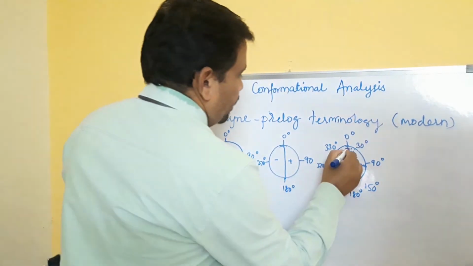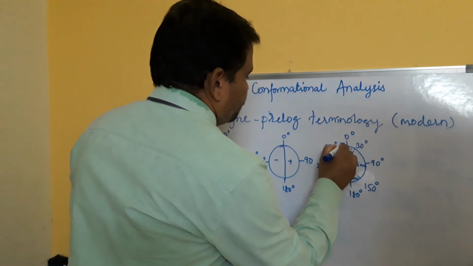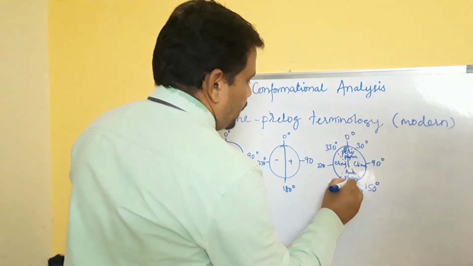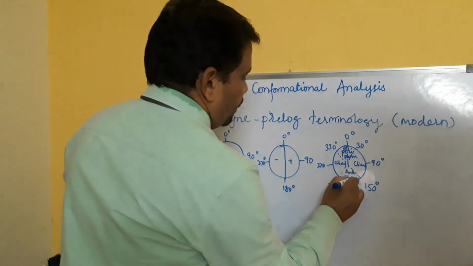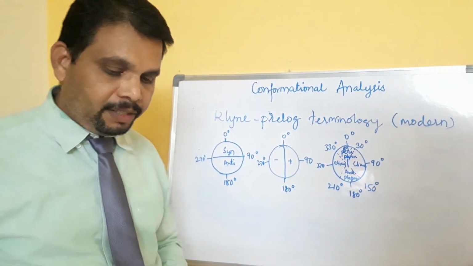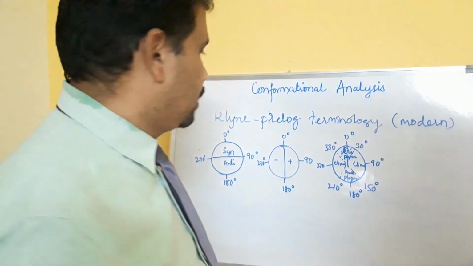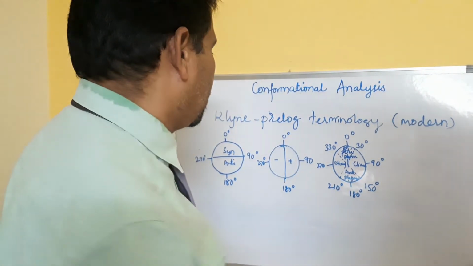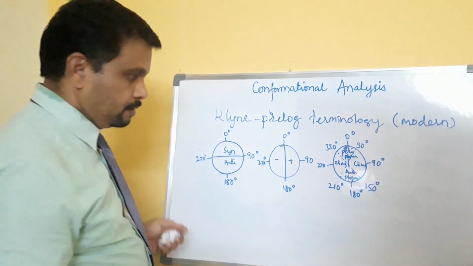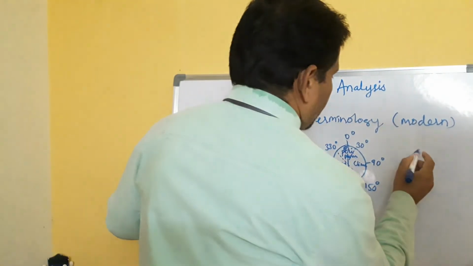So periplanar can be shown as P. Antiperiplanar is also called AP. Clinal means C. Okay. So finally, I will write the overall picture, so then you can understand easily.